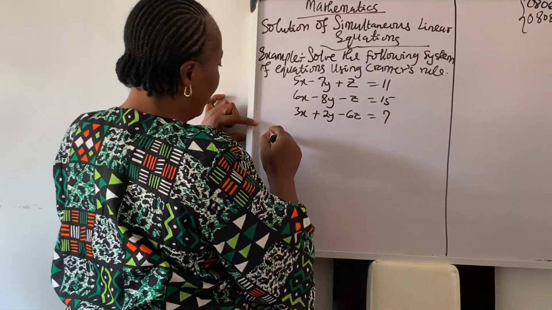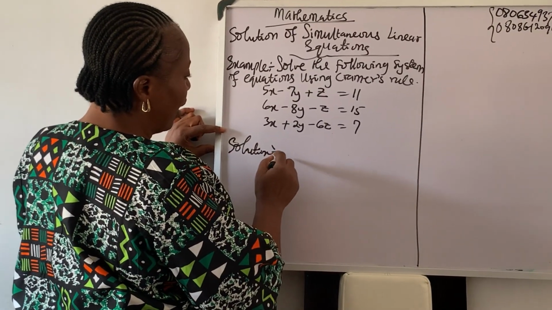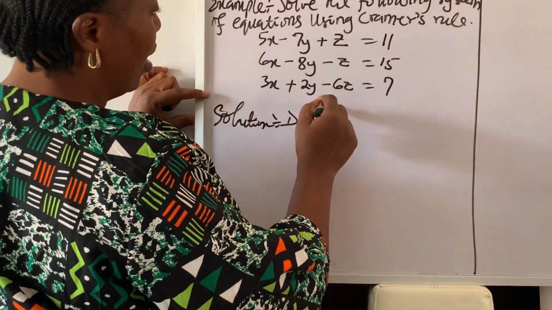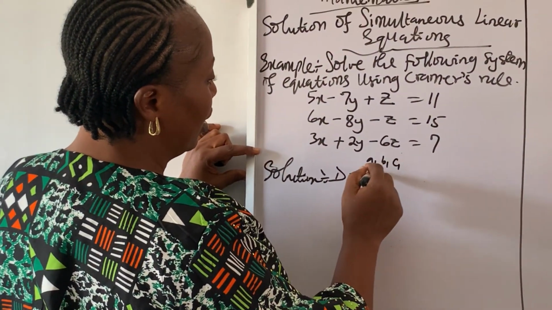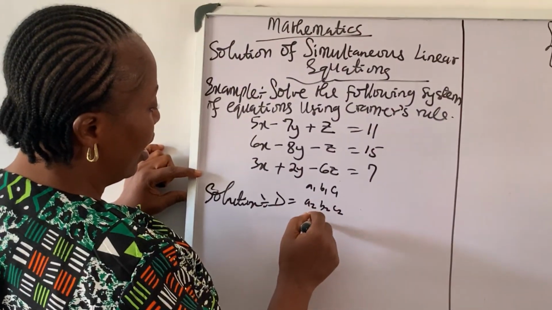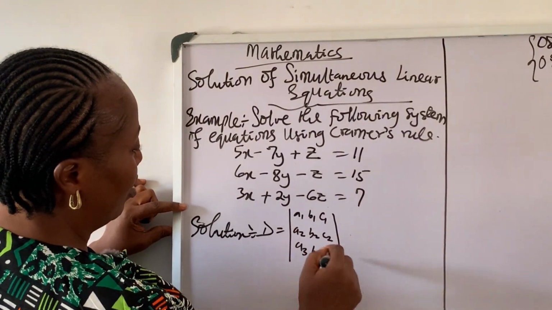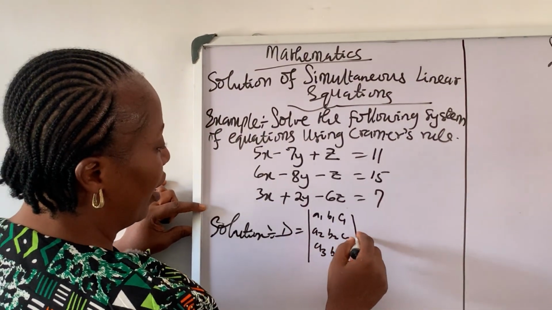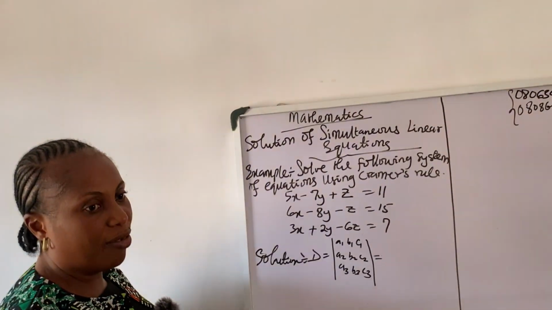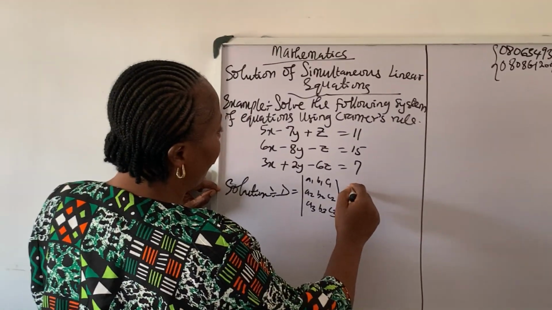Now, first, our solution. We have to get our D, where D is A1, B1, C1, A2, B2, C2, A3, B3, and C3, all enclosed. Looking at the above system of equations, our A1 is the coefficient of x, which is 5.